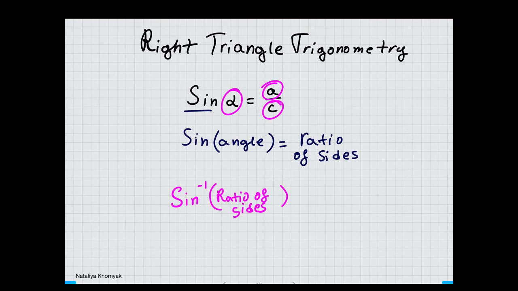If you're given a ratio of two sides of a triangle, using function of sine to the -1 of that ratio will calculate the angle of that ratio. So depending on the situation, you should know how to use these functions.